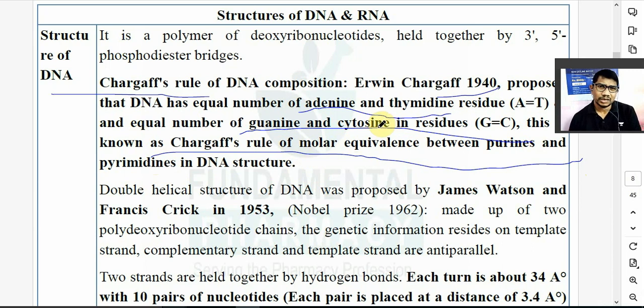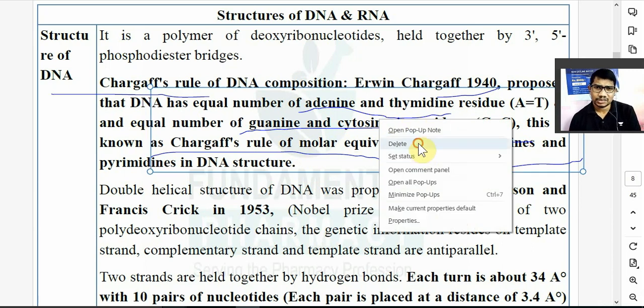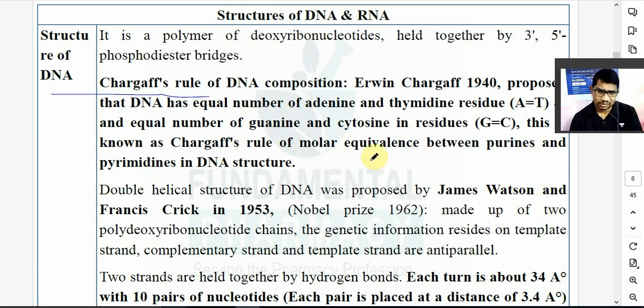This happens in DNA because DNA is double stranded. This rule is not followed by RNA. Chargaff's rule is followed only by double-stranded DNA, not by single-stranded DNA.